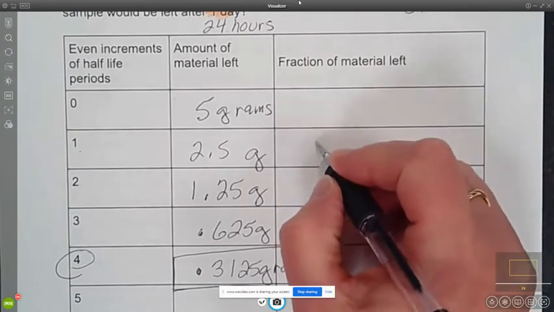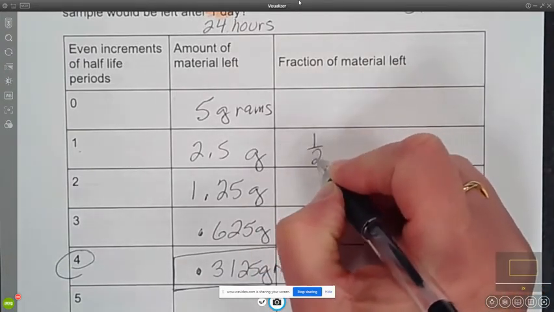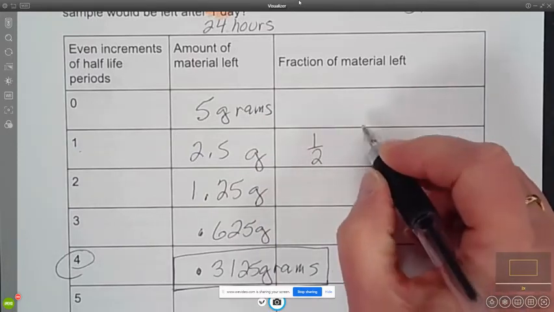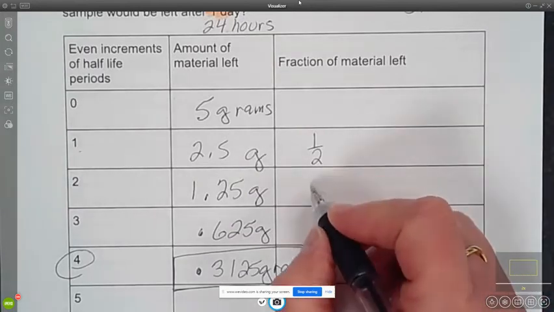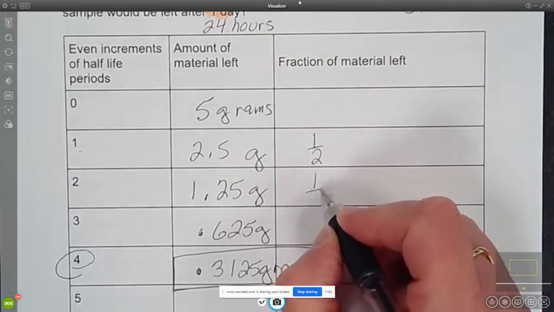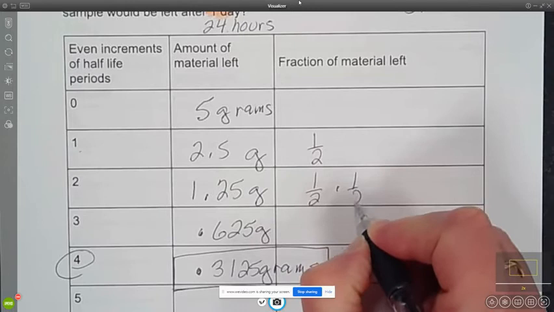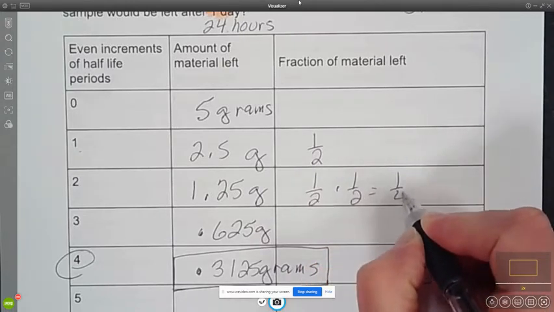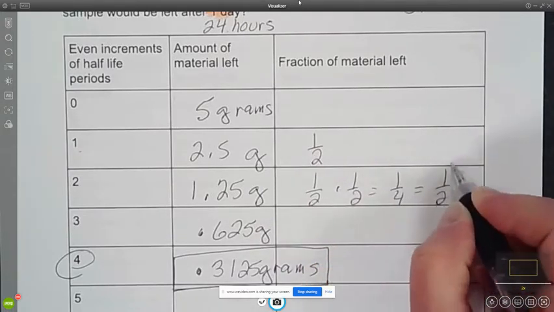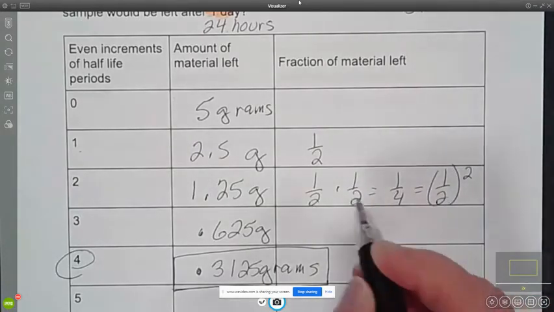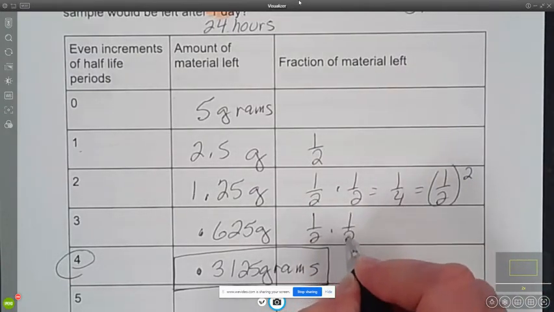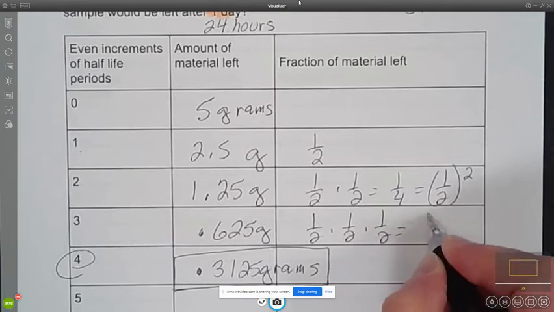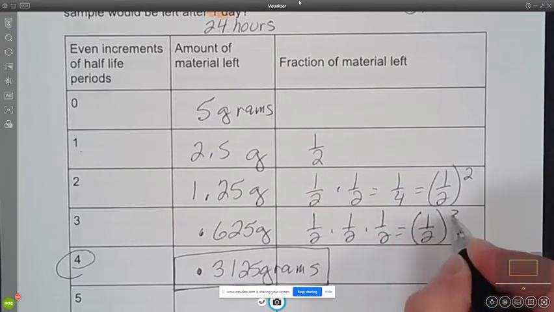Well, here, let's do this one. I've got 1/2 of the material left, and so I would go 1/2 times the 5 grams. After 2 half-lives, I've got 1/2 of that 1/2, or 1/4. It can also be written as 1/2 squared. Then after 3 half-lives, I've got half of that 1/4, or half of the half of the half, or 1/2 to the third power.